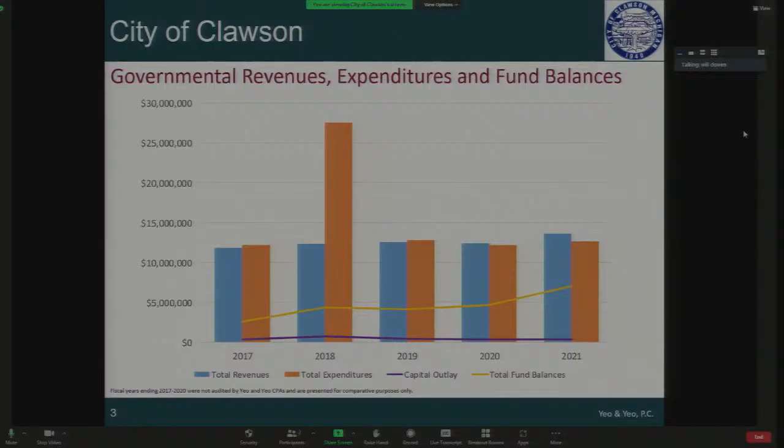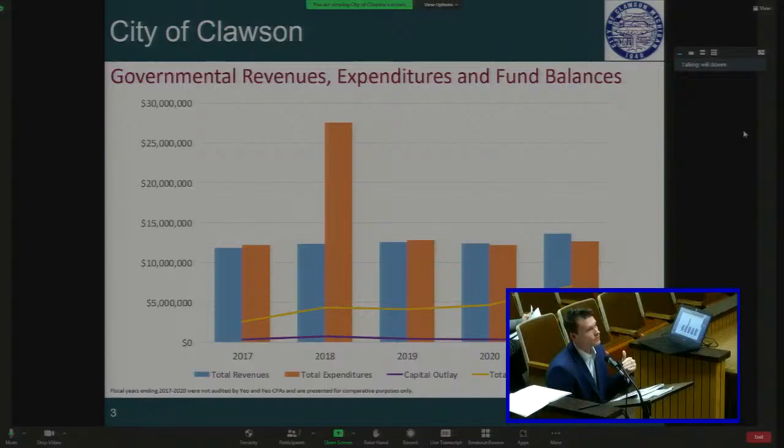The next page has the fund balances and the expenses. What you can see here is that revenues and expenses were fairly consistent year over year with the exception of 2018, when the pension debt bond was issued, and that payment was considered an expense that year to pay down the pension plan. 2021 saw an increase in revenues, primarily due to some of these COVID-related grants. And fund balance has been pretty stable.